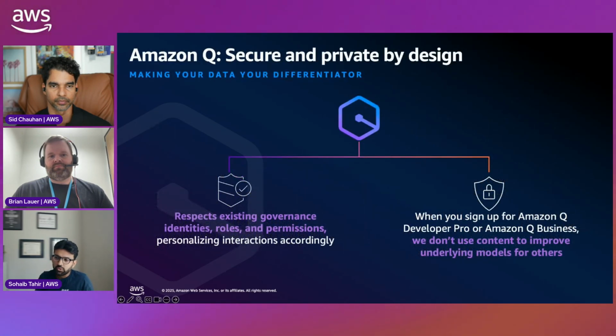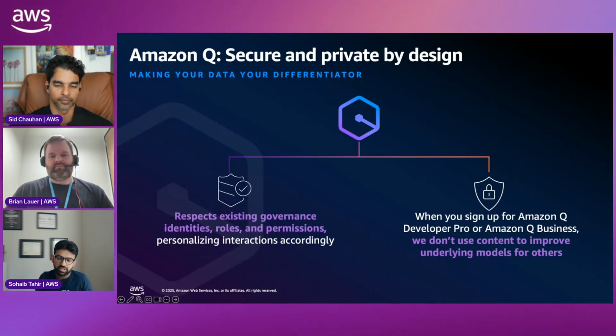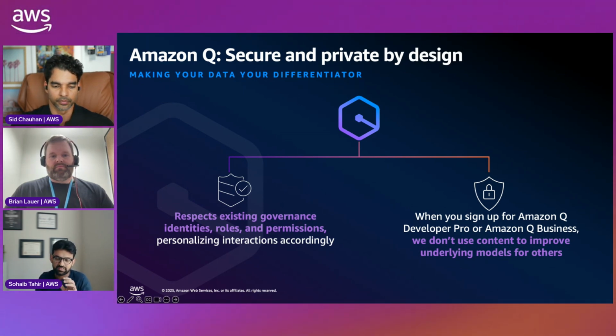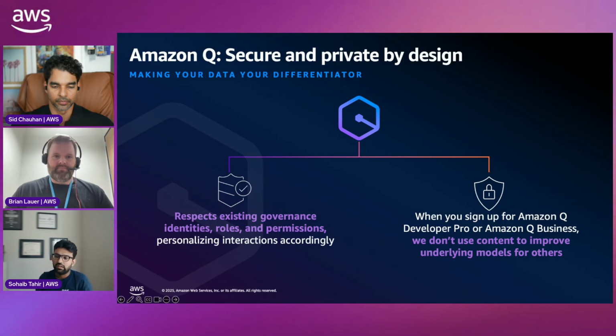The other thing is, security is AWS's number one priority. So all these capabilities that we're talking about today, Amazon Q and Bedrock, are secure and private by design. When you enable these capabilities, they are enabled in your account, so they are private by default in that particular region.